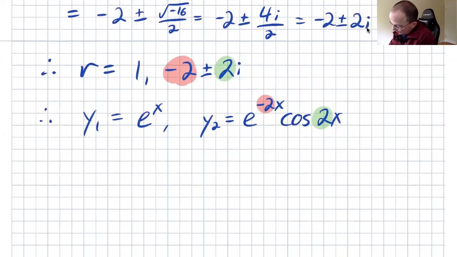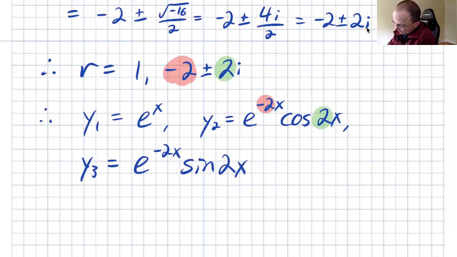Okay, and then we get the same thing for the next one. So y3 is e to the negative 2x, but now it's sine 2x.